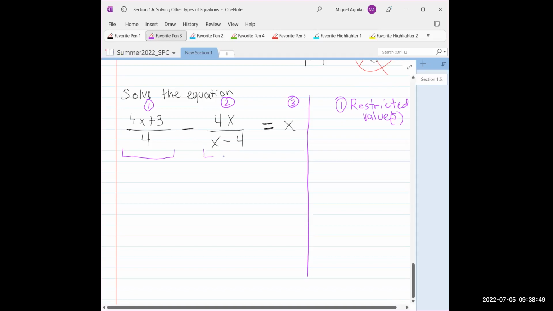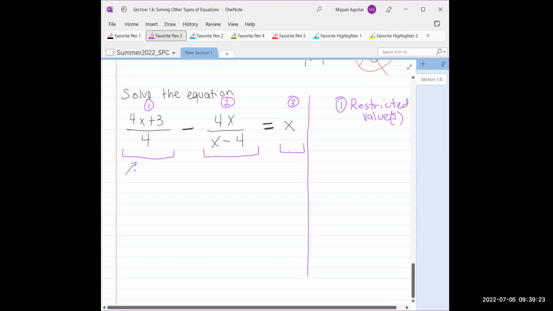Minus, we got our second term, 4x over x minus 4. That's a true rational expression because it has a variable in the denominator. And on the other side of the equal sign, we just have an x. That's our third term. So you need to be able to count how many terms are in the problem, and then look term by term and figure out what's going to be a problem as far as our restricted values.